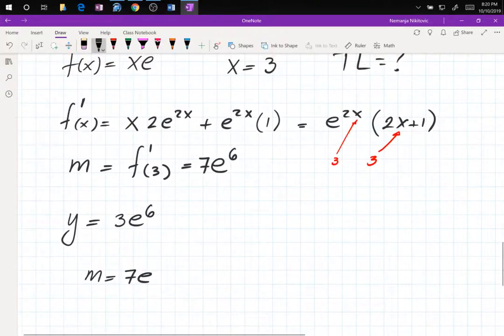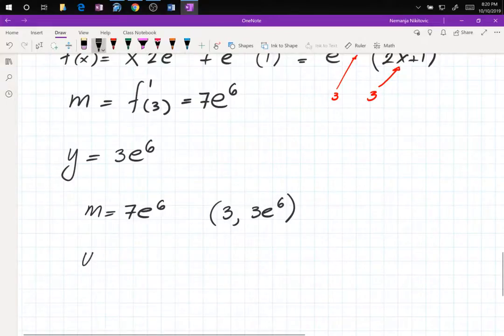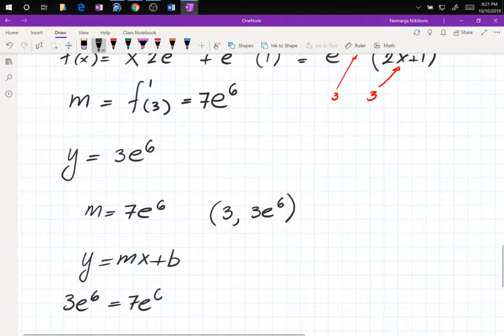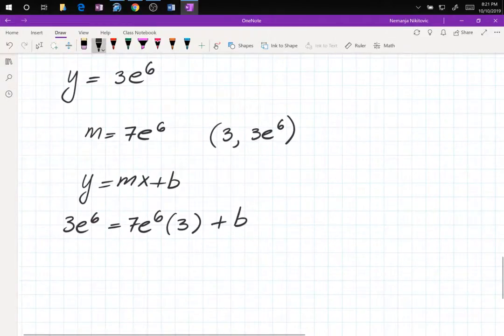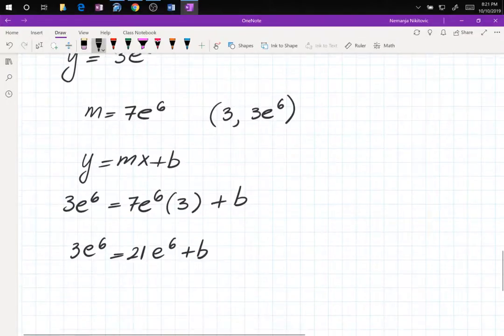And now I have everything. Slope is 7e to the 6. And the point is 3, 3e to the 6. Plug everything into y equals mx plus b. Y is 3e to the 6 equals slope is 7e to the 6 times x, which is 3, plus b. 3e to the 6 equals 21e to the 6 plus b.